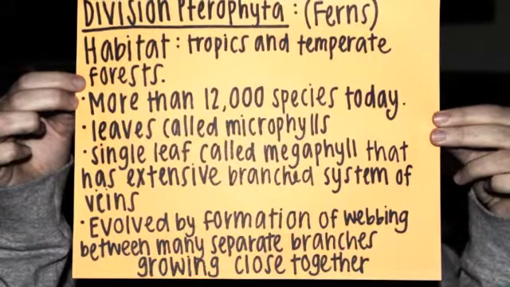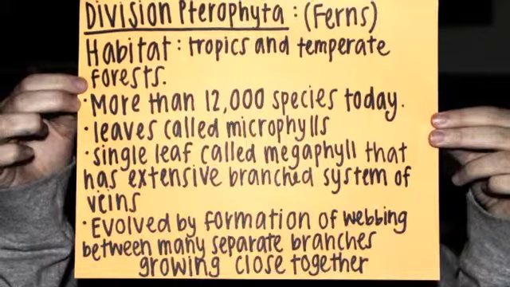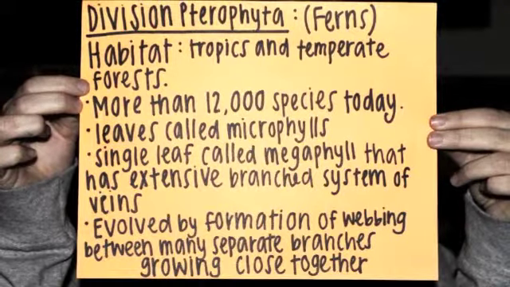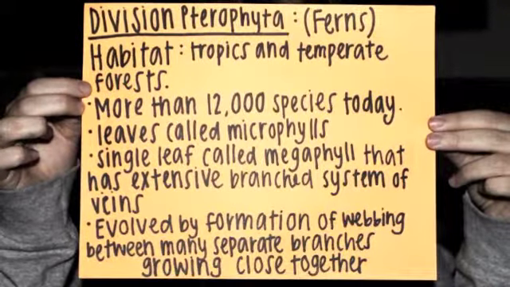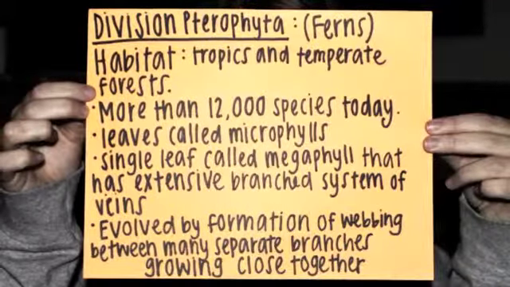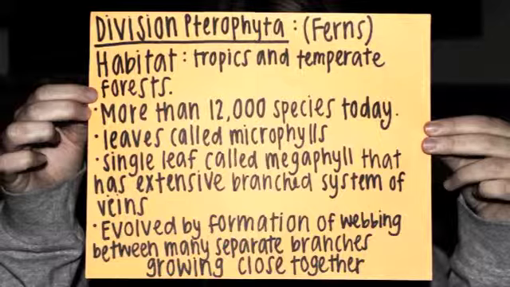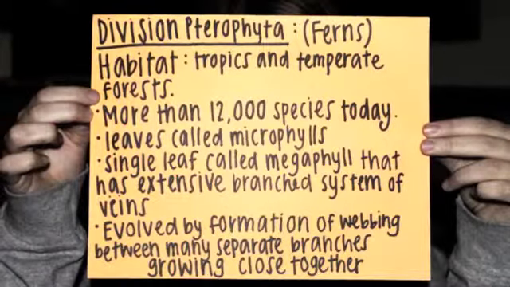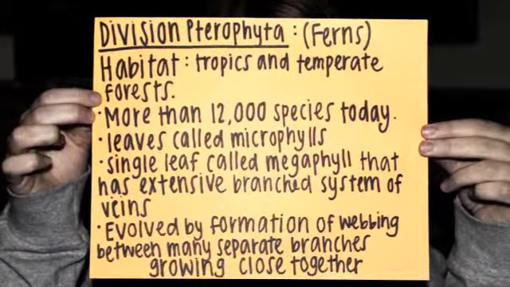Division Pterophyta's habitat is in the tropics and temperate forests. There are more than 12,000 species known today. Their leaves are called megaphylls. A single megaphyll has extensive branch systems of veins. It evolved by formation of webbing between many separate branches growing closely together.